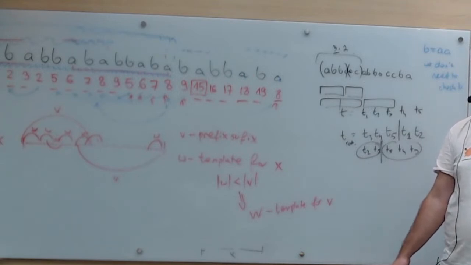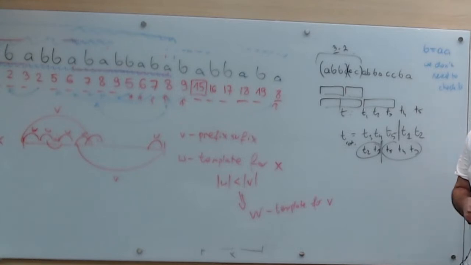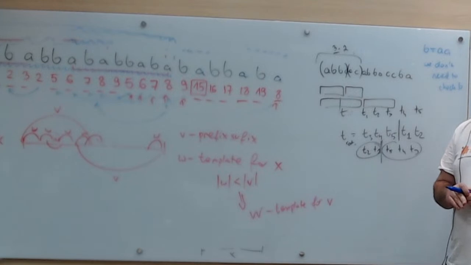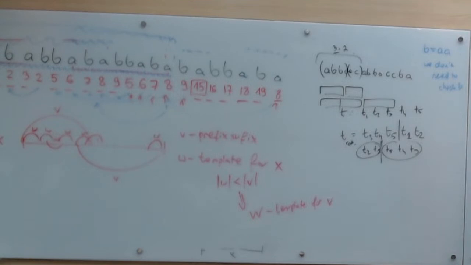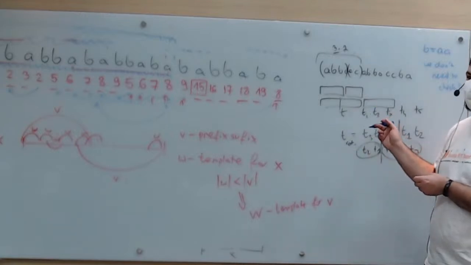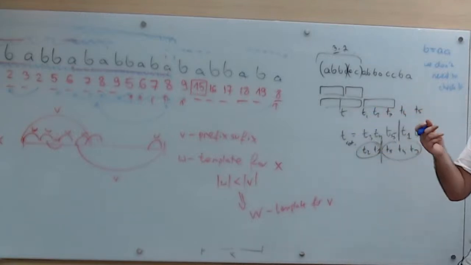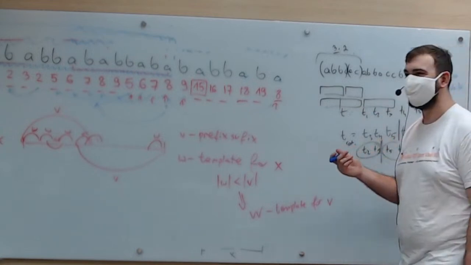The K and P number moves monotonically to the right. Okay, I think I see. You take the string and the prefix, and that copy is also a suffix. The beginning of that suffix moves monotonically. Why monotonically? It moves to the end of the word. Okay, that's what I thought.